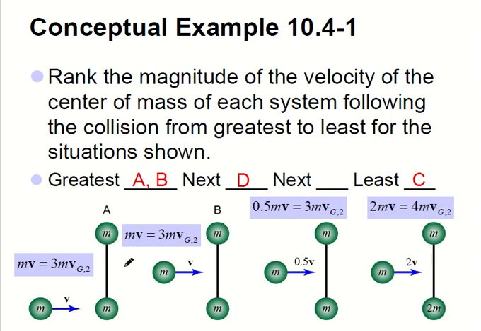So when we look at it, moving the 1 by 2 to that side, you're going to get 6 m v_G, and here you're going to get mv equal to 4 divided by 2, which gives 2 m v_G.